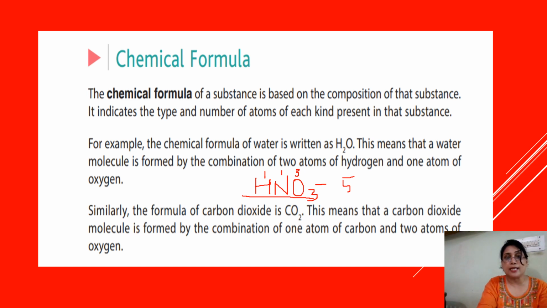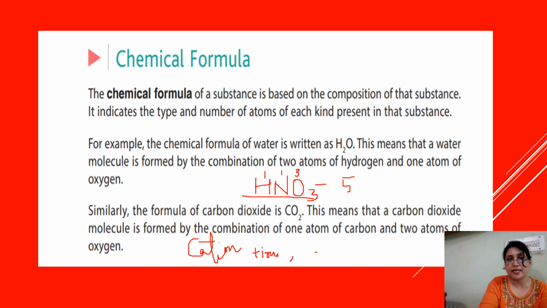For this, you will have to learn cations and anions that are given in your book. Cations are positively charged ions, and positive ions are, I'm not able to write it here properly, but try to understand.